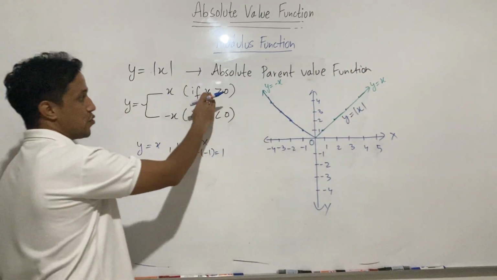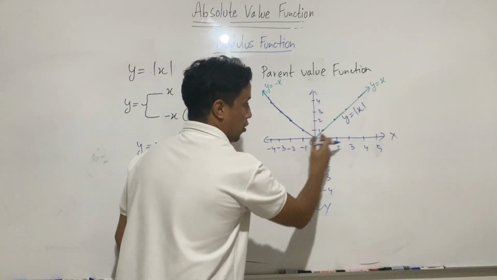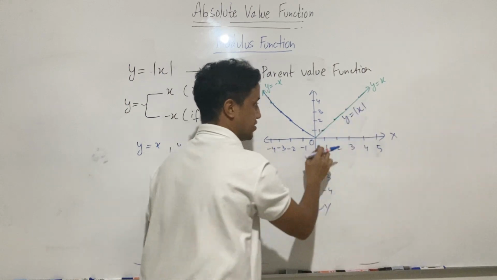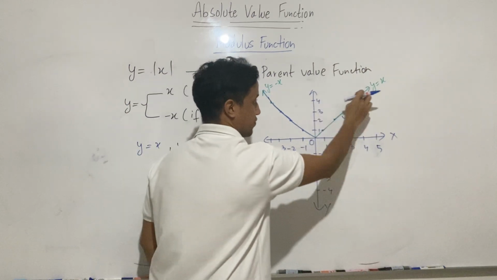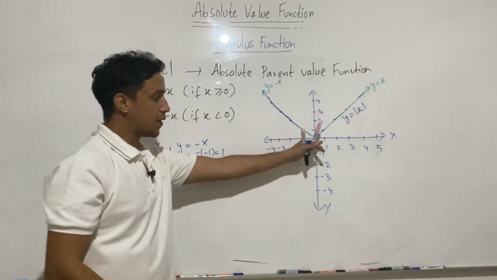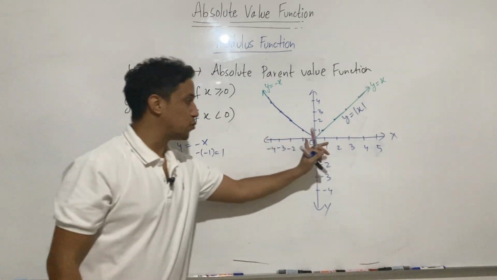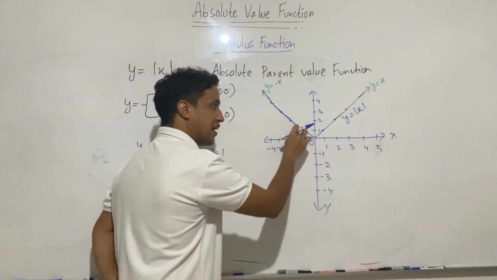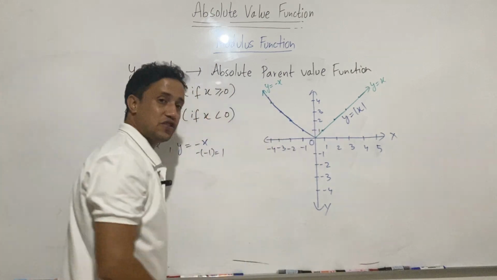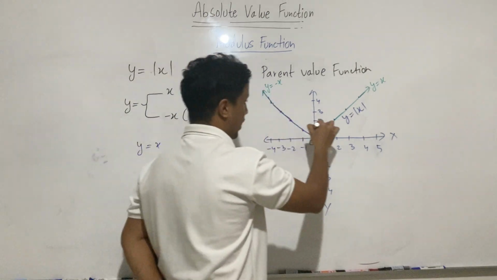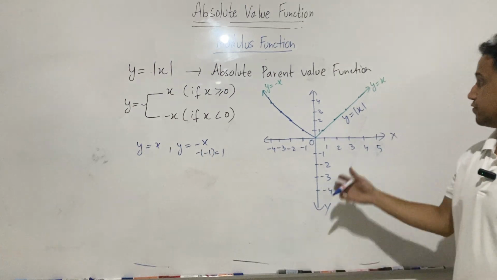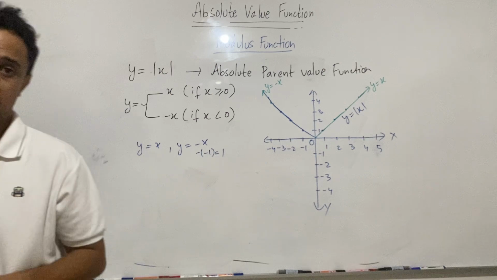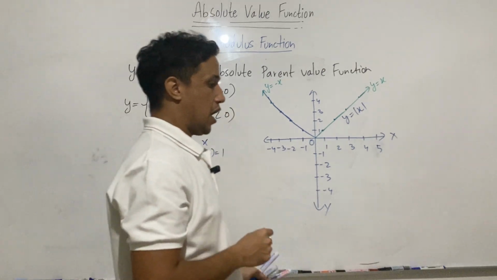If you put 0 or positive values, you will get positive values of y. And the other says that if you put negative inputs of x, then you will get positive values of y. So that's why it's the graph of the absolute parent value function.